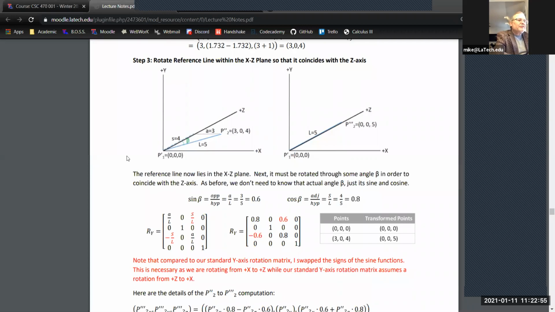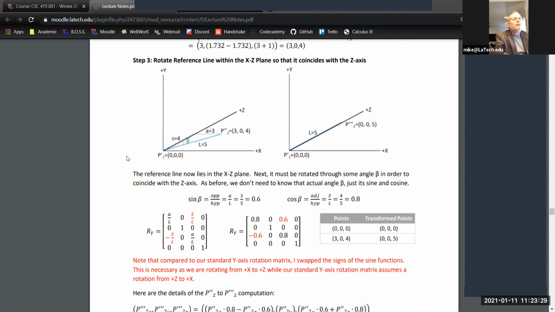Now note I have some things here in red. I'm doing that to draw your attention to the fact that if you look at our Y-axis rotation matrix, you will see that I swapped the sign of the sines. And remember our lecture from Wednesday of last week when I talked about that? I said if you flip where the sign is, that's going to reverse your rotation.